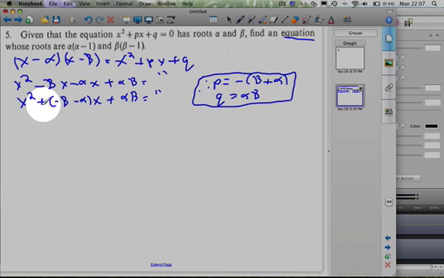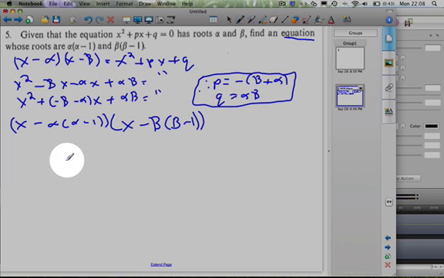So we set up the second part. We know that the roots are x minus alpha, alpha minus 1, and x minus beta, beta minus 1.